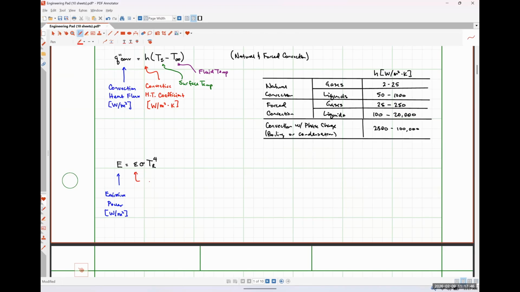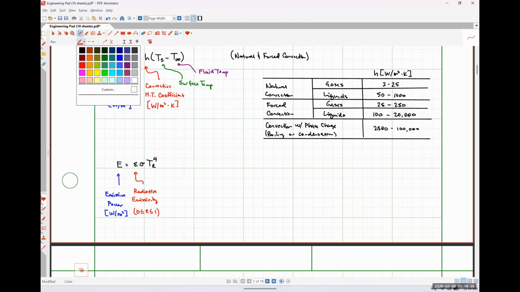This epsilon is radiative emissivity. And this is going to be a number ranging between 0 and 1. So 0 radiative emissivity means that it holds heat extremely well, so it doesn't give anything up, it simply absorbs it. Radiative emissivity of 1 means it very easily gives all its heat away to the surroundings.